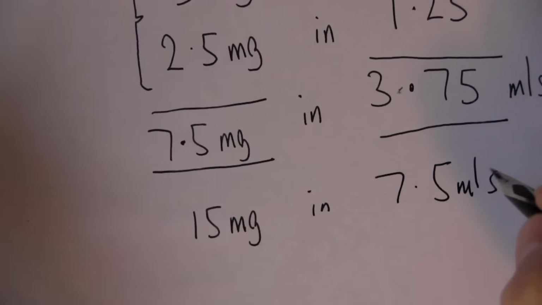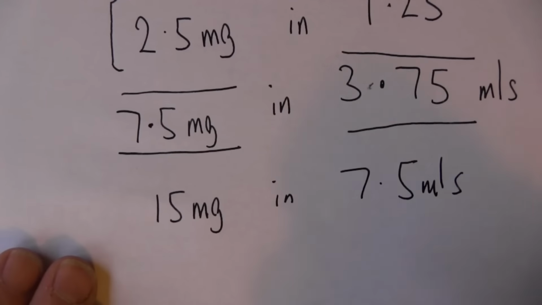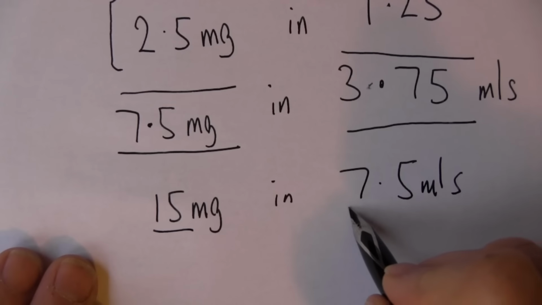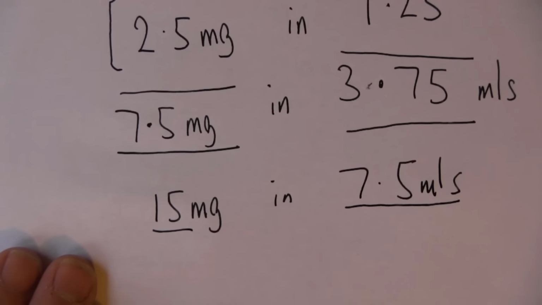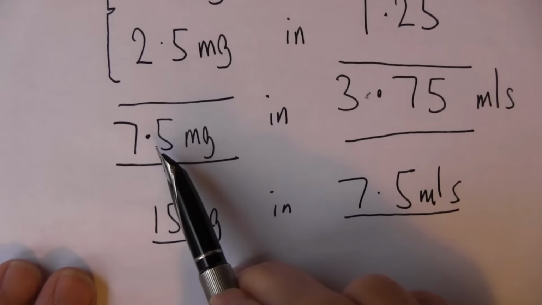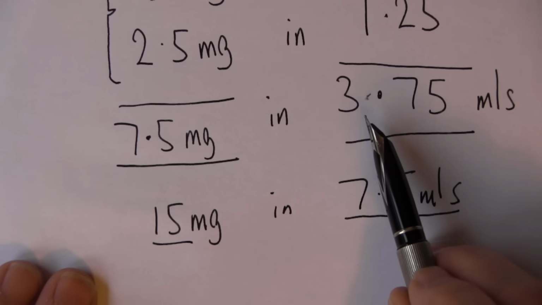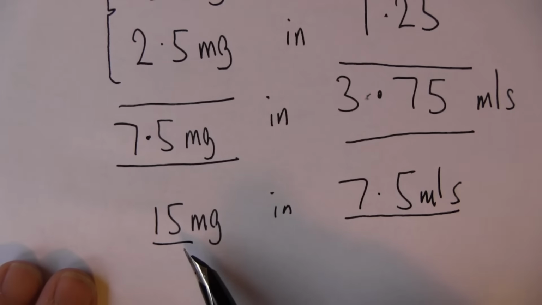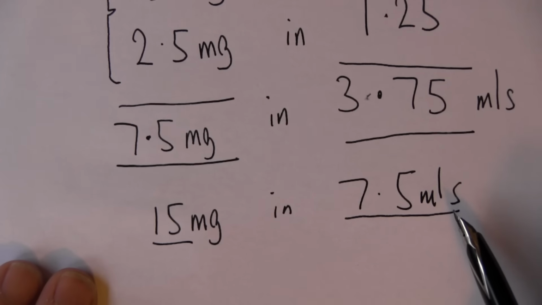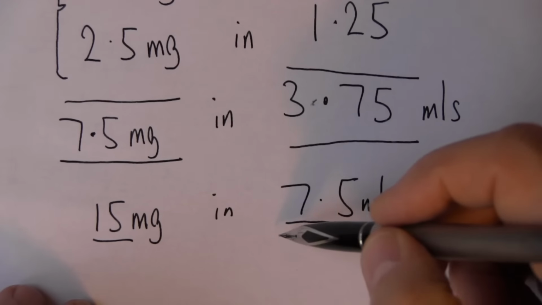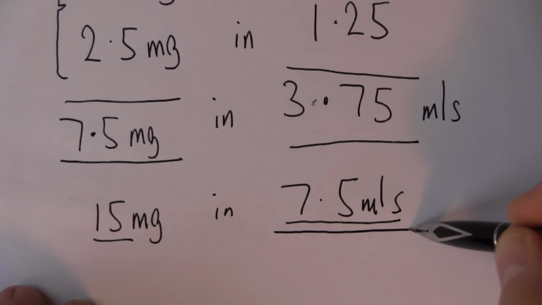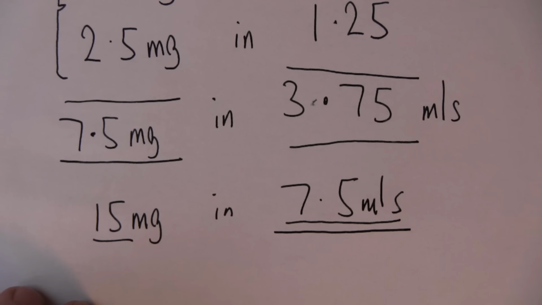So what this means is there's 15 milligrams in 7.5 mils. And I know that because there's 7.5 milligrams in 3.75 mils. So I double that to get 15, I double that to get 7.5. So when I want to give my 15 milligram dose, I'm going to pour out 7.5 mils of the elixir.